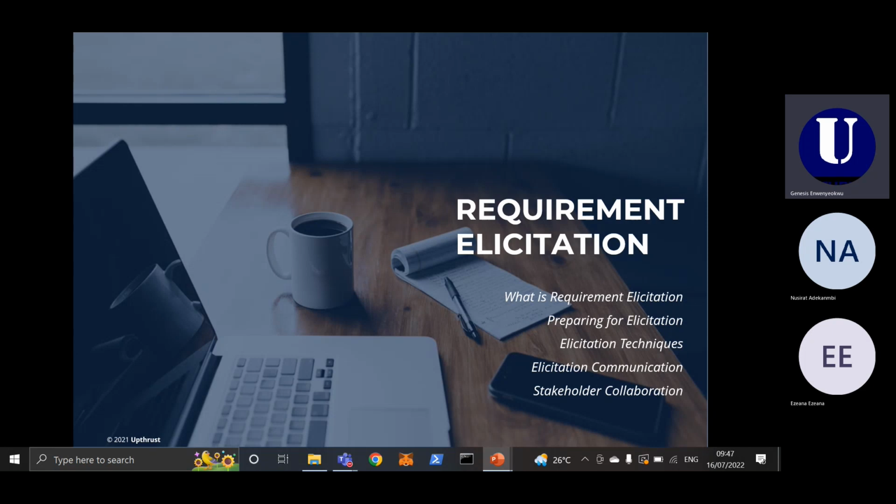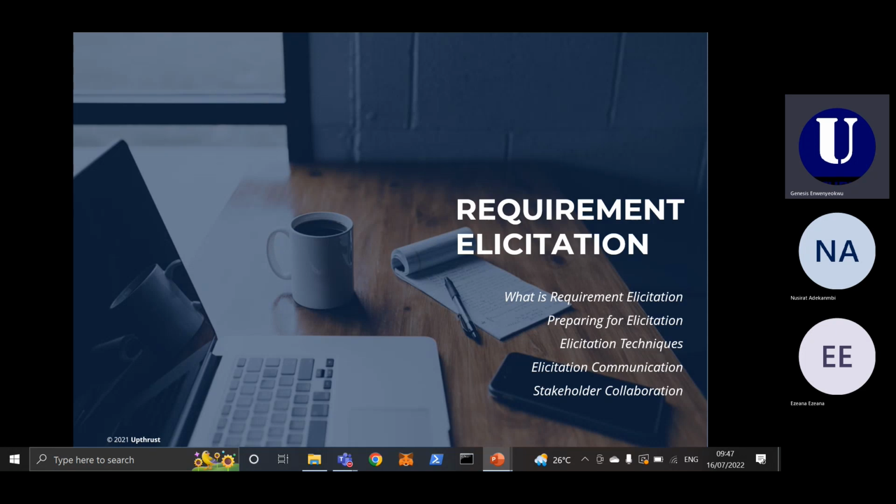All we call it is requirement gathering or data gathering, right? But according to standardization, according to the BABOK guide, BABOK is the Business Analysis Body of Knowledge, according to the BABOK guide, V3, it is called requirement elicitation. That is because requirement elicitation is much more encompassing than just requirement gathering.